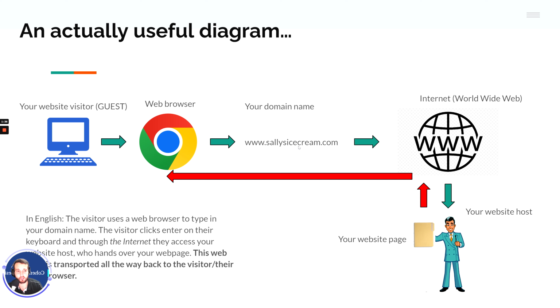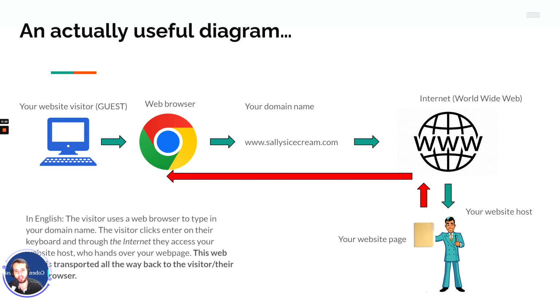So they type in sallysicecream.com, they click enter, and they go through the internet, World Wide Web. That's a little more complicated, but they go through the internet. They reach your host, and here we have a game show host to represent the website host. The game show host is holding a manila folder with your website page inside and saying, here, take it. You typed in the domain name, you access the website, take the page. So then your page is being passed back through the internet and through the domain name, through the web browser, up until the visitor.